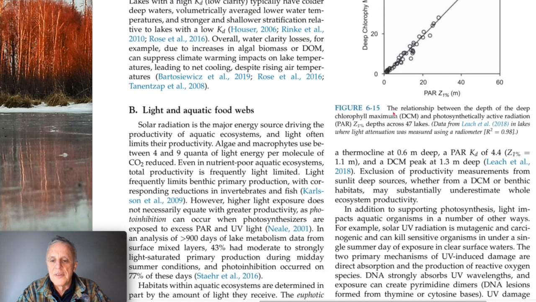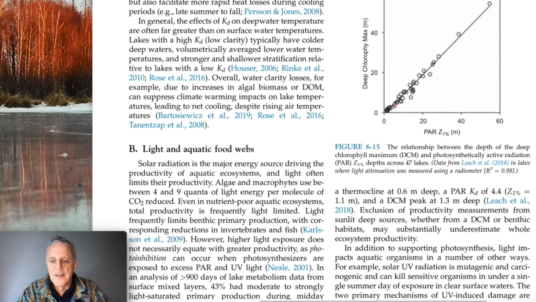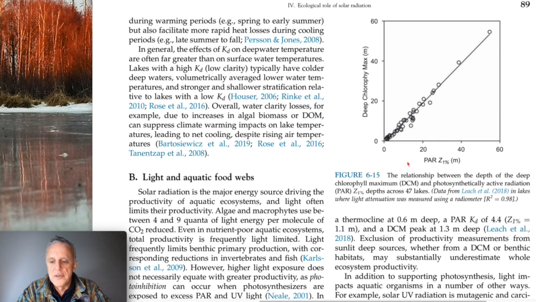So let's look at figure 6-15 here, which is the relationship between the depth of the deep chlorophyll maximum, or DCM, and photosynthetically active radiation, PAR-Z 1% depth, across 47 lakes. On the x-axis we have PAR-Z 1%, and on the y-axis we have the deep chlorophyll maximum in meters.